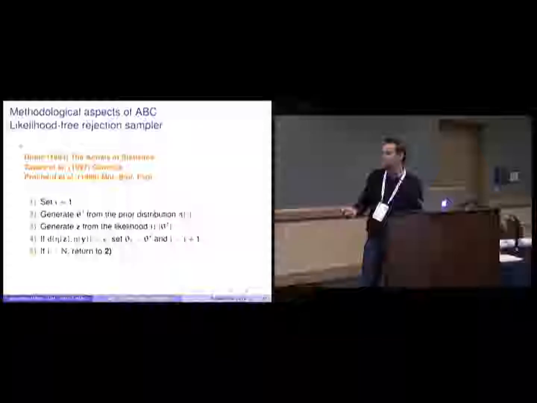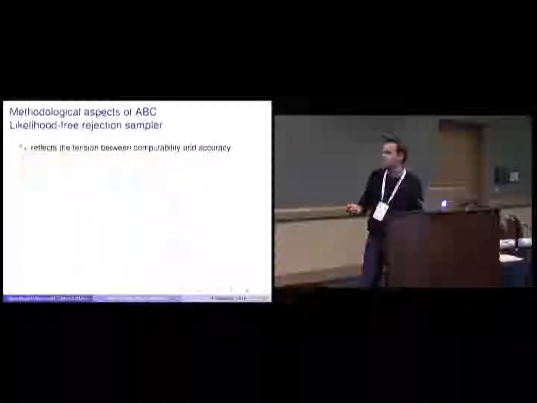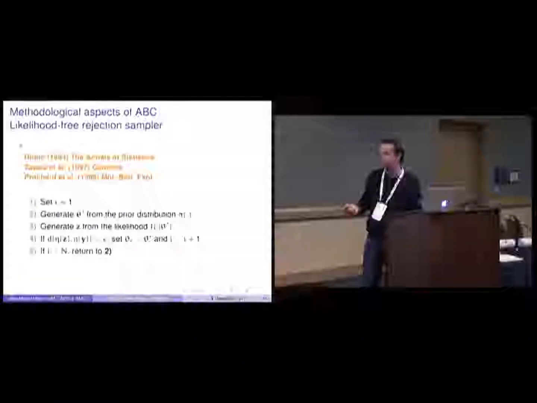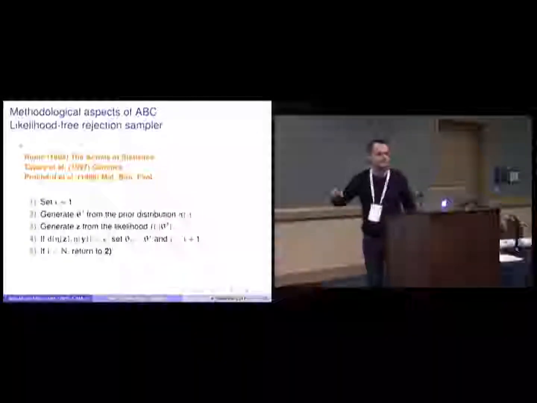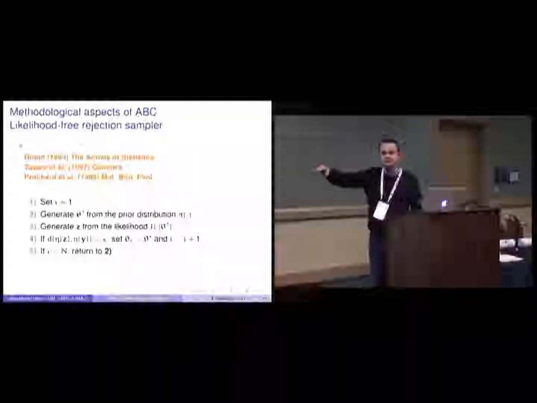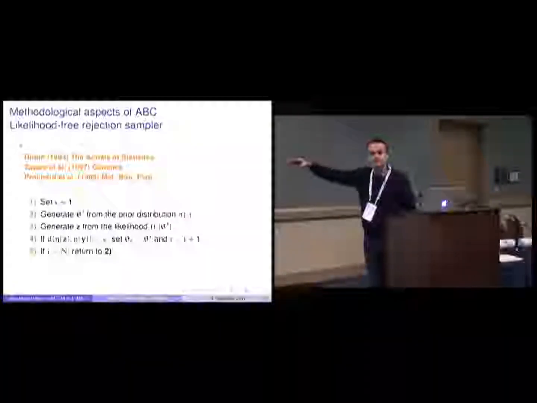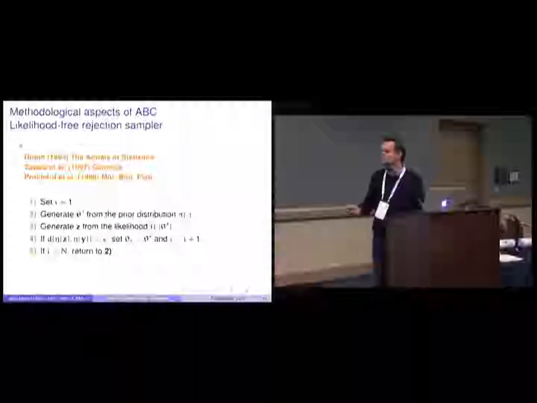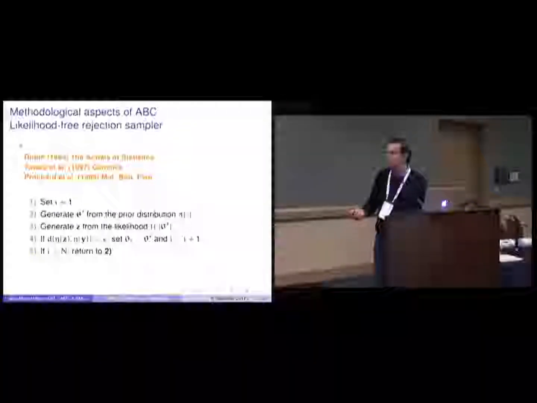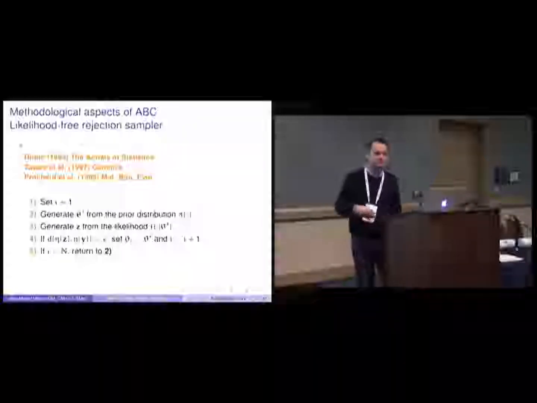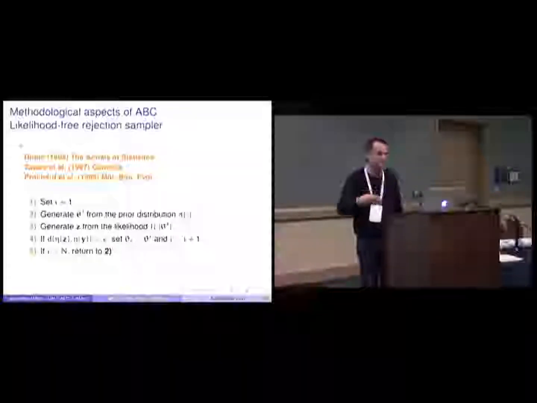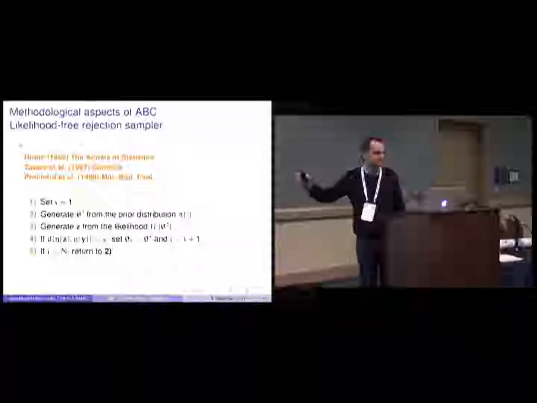Okay. Within this algorithm, there are right now three types of approximation. The first approximation is a standard one. You have an accept-reject algorithm, so you have the first, standard Monte Carlo approximation. The second one is that for this summarization process, it's very difficult to use sufficient statistics, so you have a loss of information within this summarization step.